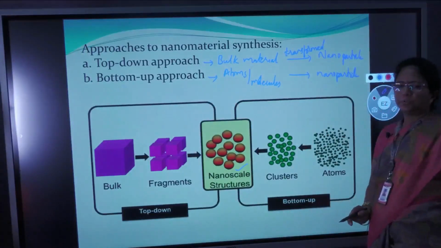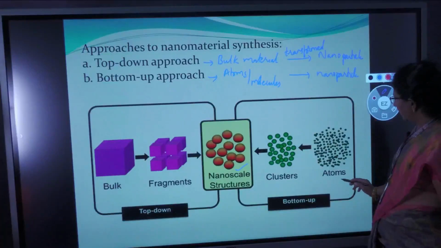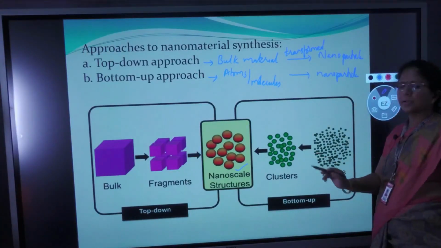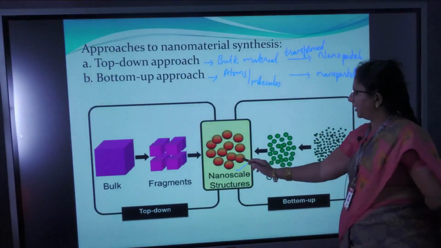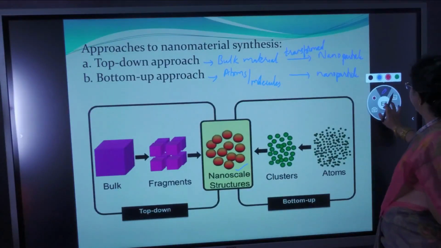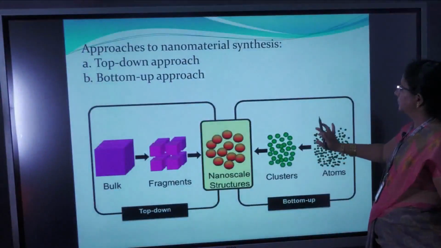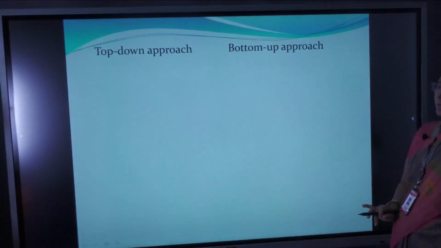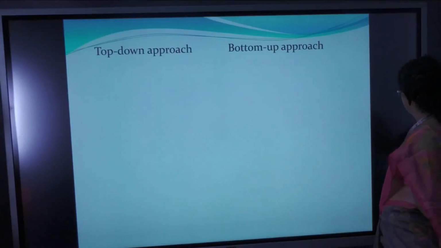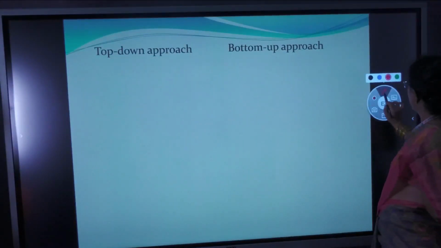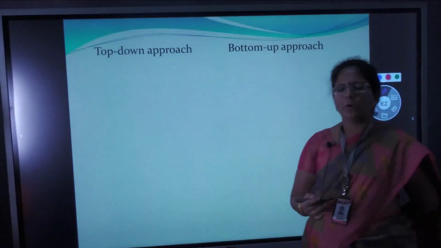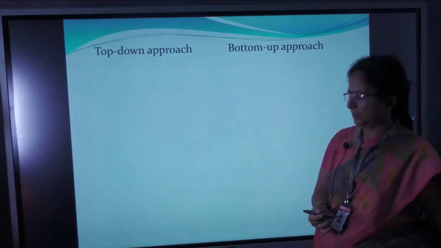Coming to the bottom-up approach, what we are doing? We are starting with the atoms and these atoms will be formed as clusters and these clusters will be converted into nanostructure. You can understand in detail if we discuss them separately. Top-down approach means, as I have said, we will start with the bulk material and we will convert that into nanoparticle size.